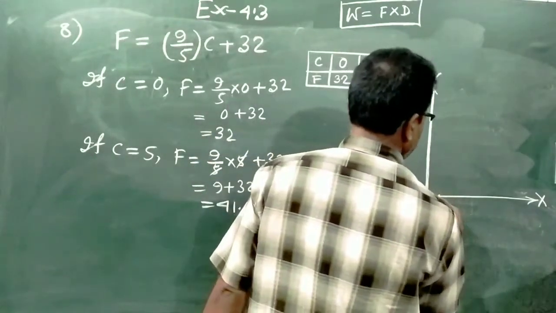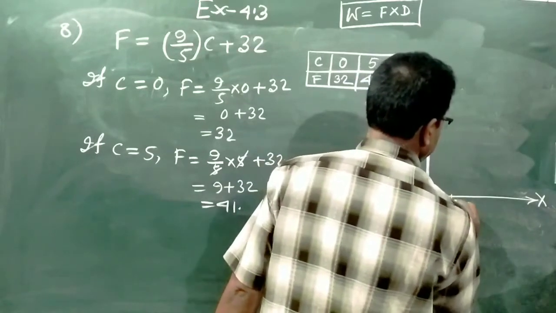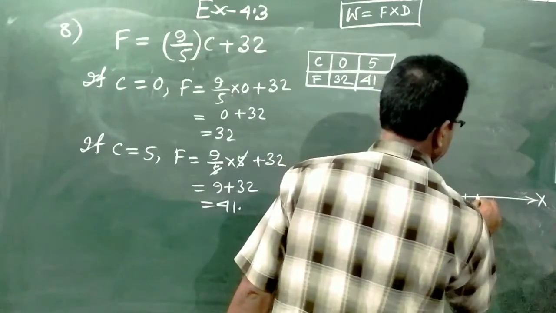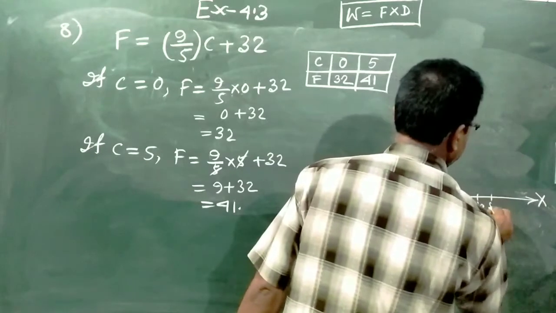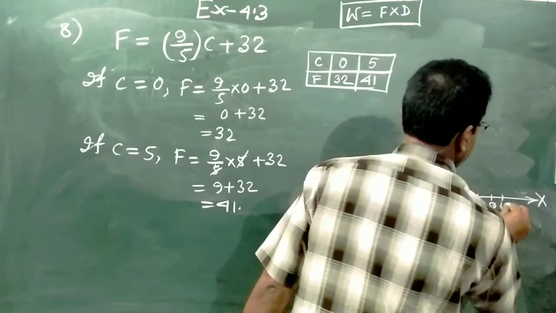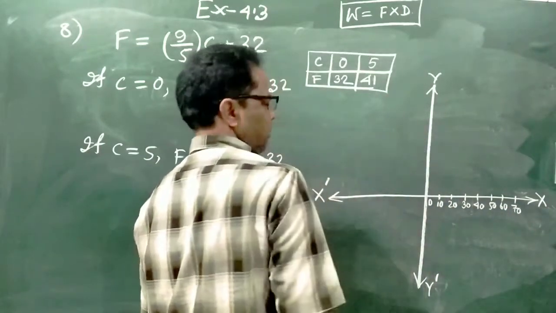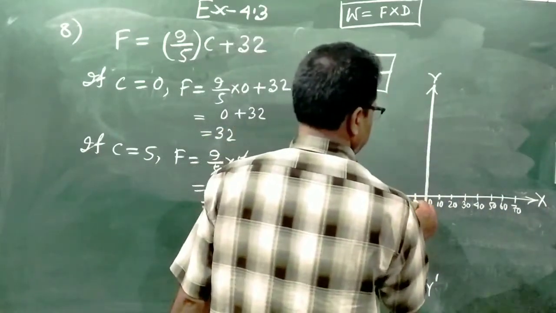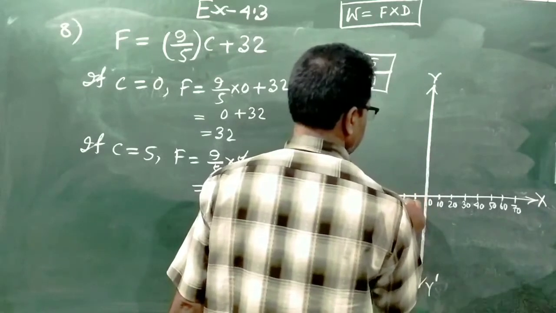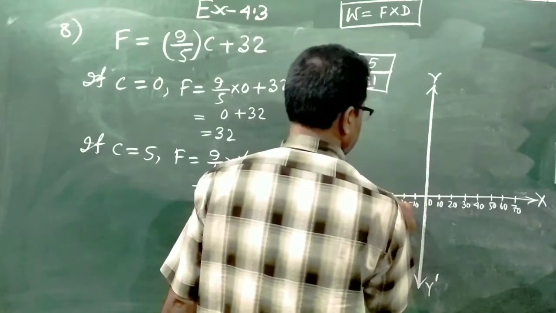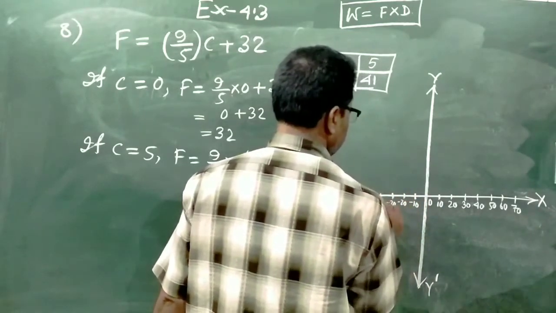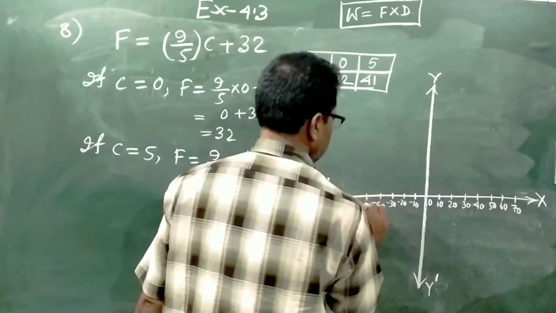This is 10, 20, 30, 40, 50, 60, 70. In this way it will go on. This side is the negative part of x: minus 10, minus 20, minus 30, minus 40, minus 50. In this way going on.